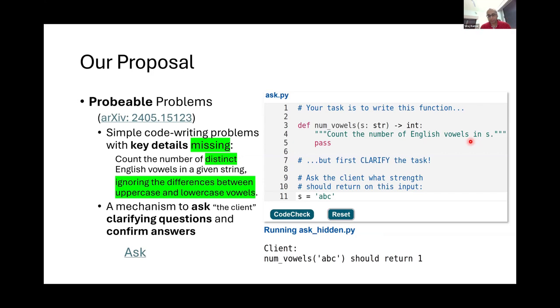Oftentimes, and certainly I'm speaking here personally, but I hope this is not just restricted to me, I used to be quite upset with myself if a student pointed out an ambiguity in my problem specifications. And I would have to issue corrections, or perhaps even in the worst case, withdraw the question entirely if the problem specification was deficient in that sense.